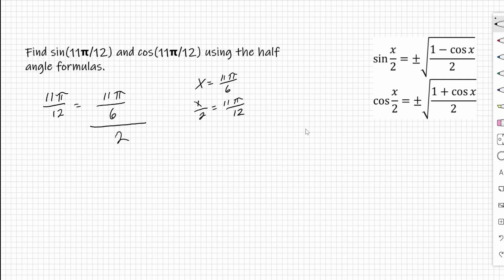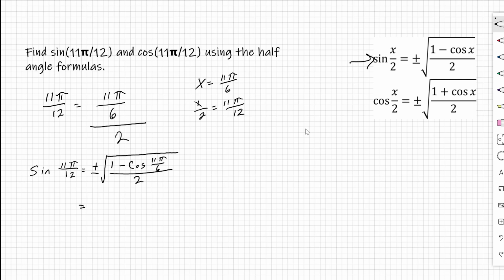So to calculate sine of 11 pi over 12, let's use our formula, which we have over here. Sine of 11 pi over 12 will equal either positive or negative, we'll have to check that in a minute, the square root of 1 minus cosine of 11 pi over 6, all over 2.